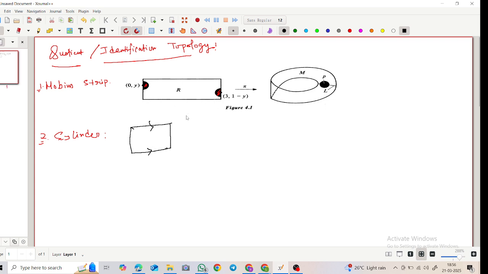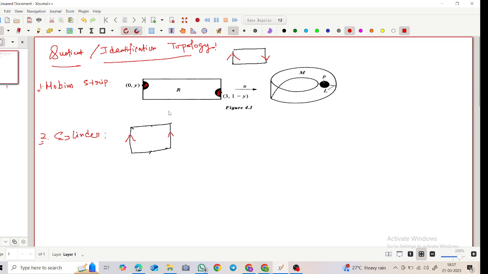So for the Mobius strip our picture would have been this, this and this. So this side will be attached to this side but with reverse orientation, I mean reverse direction. But here we have, maybe I should write it like this. So you see how different it is.